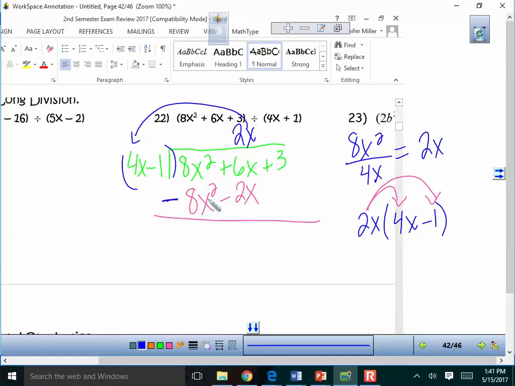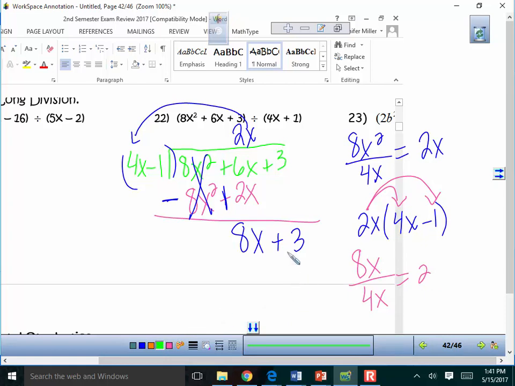We change this sign and we change this sign. These cancel, and that leaves us with 8x plus 3, right? And then we divide 8x by 4x, and that gives us 2. Correct?